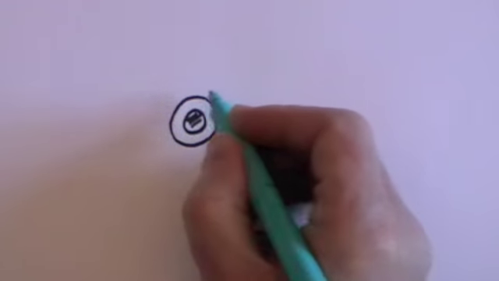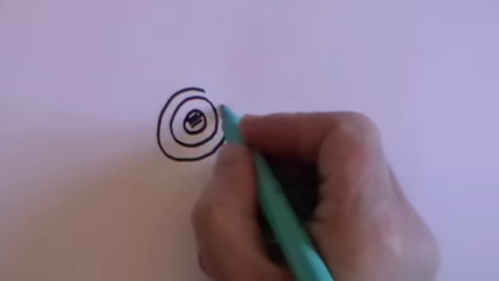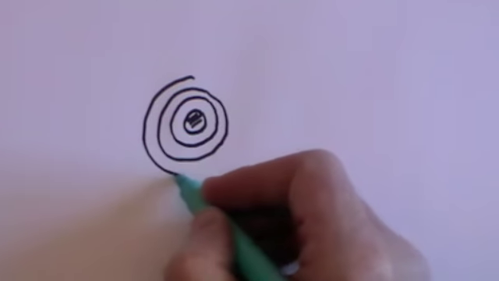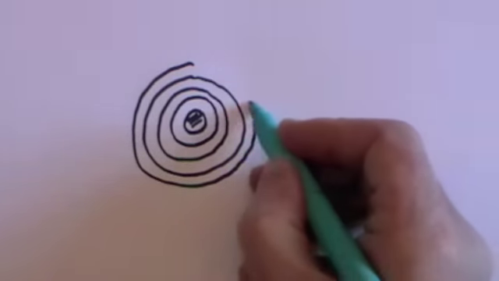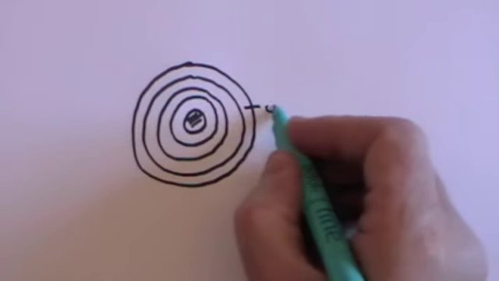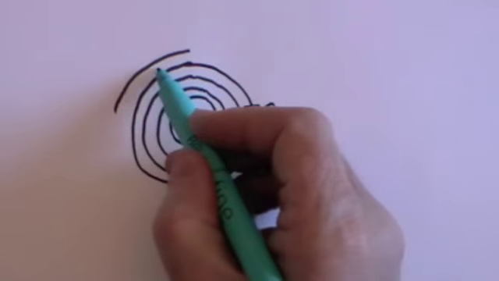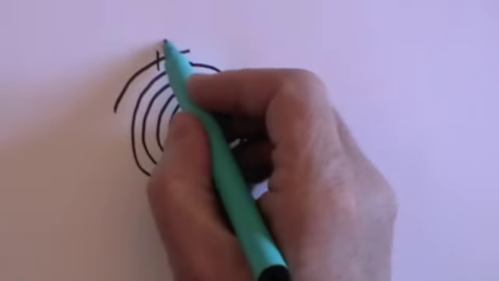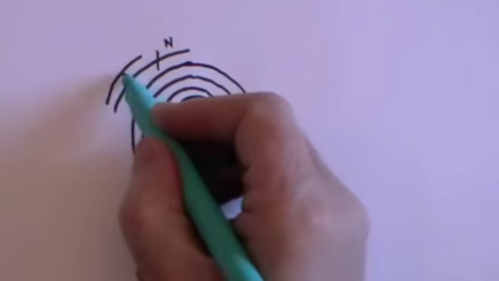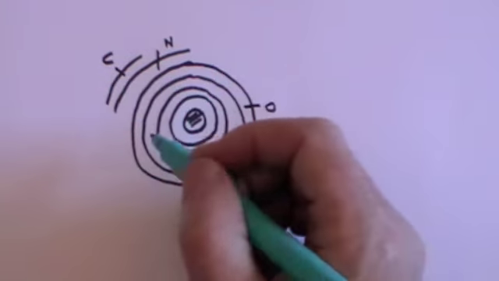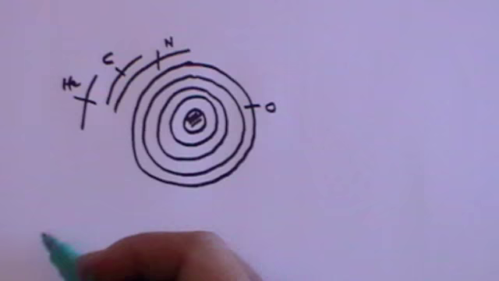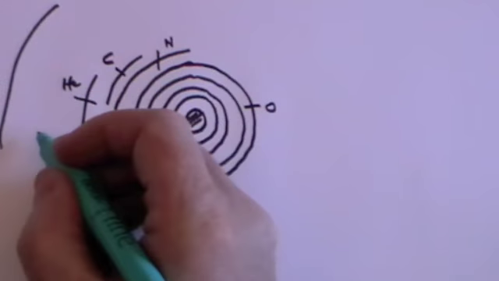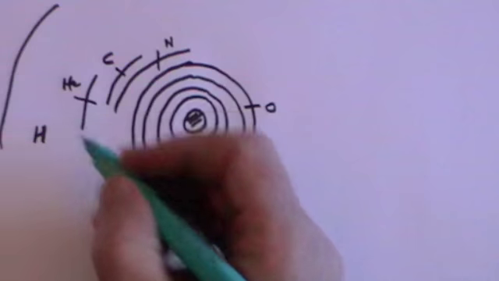And then surrounding that iron core will be layers of elements, progressively smaller. So somewhere in here we're going to have oxygen, and then maybe in the next layer we're going to have nitrogen, and maybe in the next layer after that we'll have carbon, and then in an outer layer we're going to have helium, and then in the furthest layer of all, hydrogen.